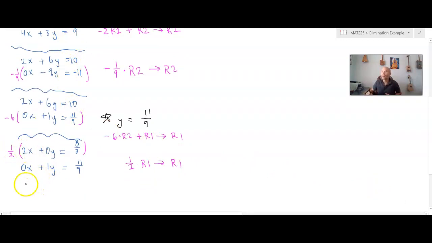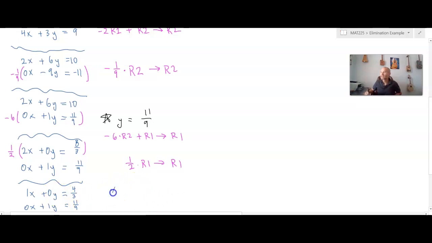So 1/2 of 2x is 1x. 1/2 of 0 is 0. 1/2 of 8/3, well, let's see, 1 times 8 is 8, 2 times 3 is 6, so this is going to be 8/6 or 4/3. And so I get 0x plus 1y equals 11/9. So there we have it.